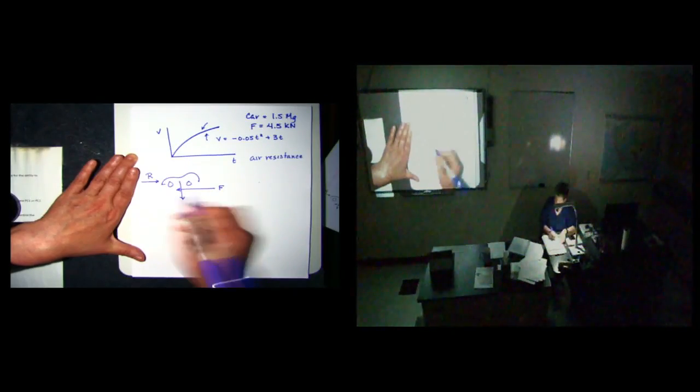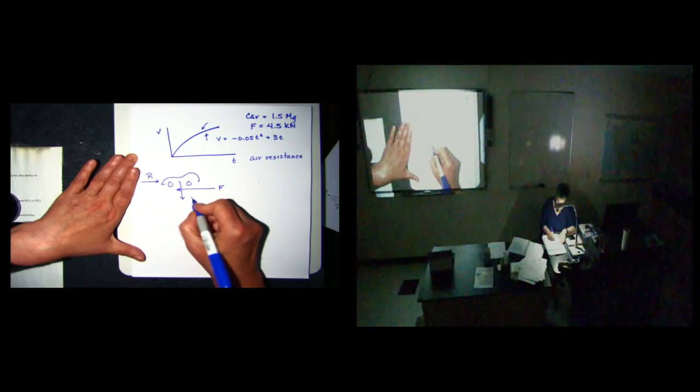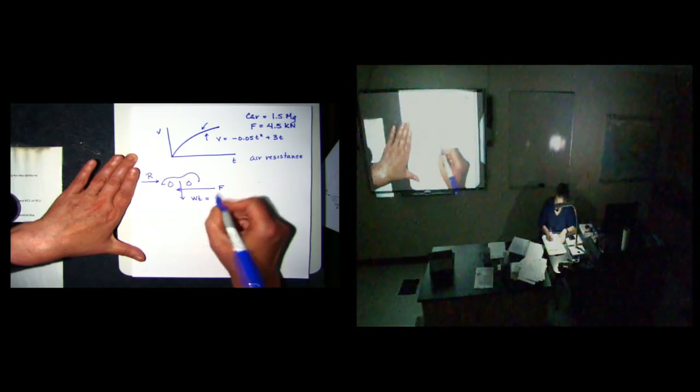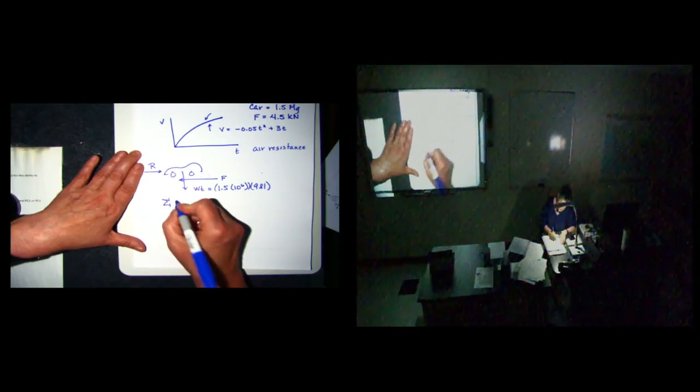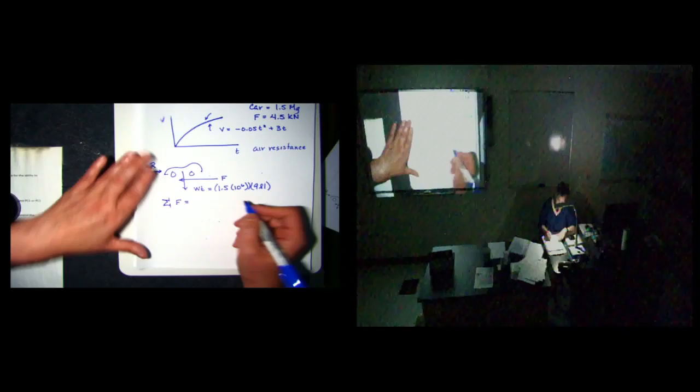A is equal to dv dt. So this is going to be d dt of my minus 0.05 t squared plus 3t, which gives me minus 0.05 times 2t plus 3, which gives me minus 0.1t plus 3.